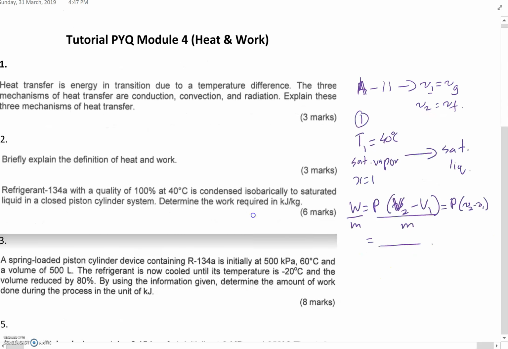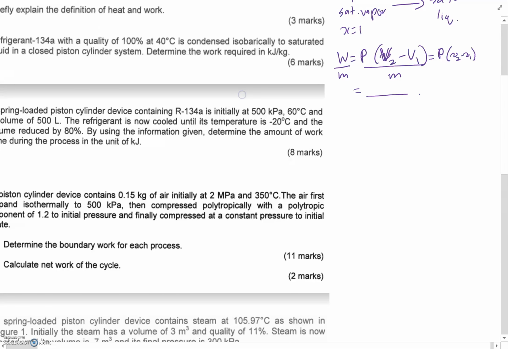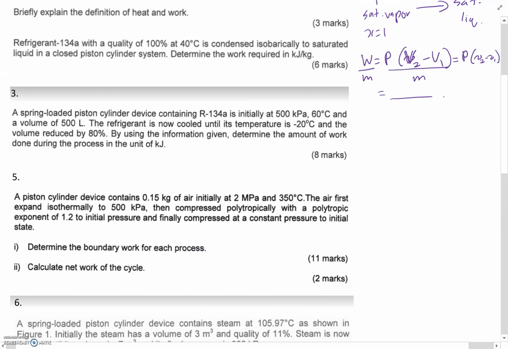Okay, question number 3. This is a spring-loaded piston cylinder device. Initially you have P1, T1 and volume of V1.